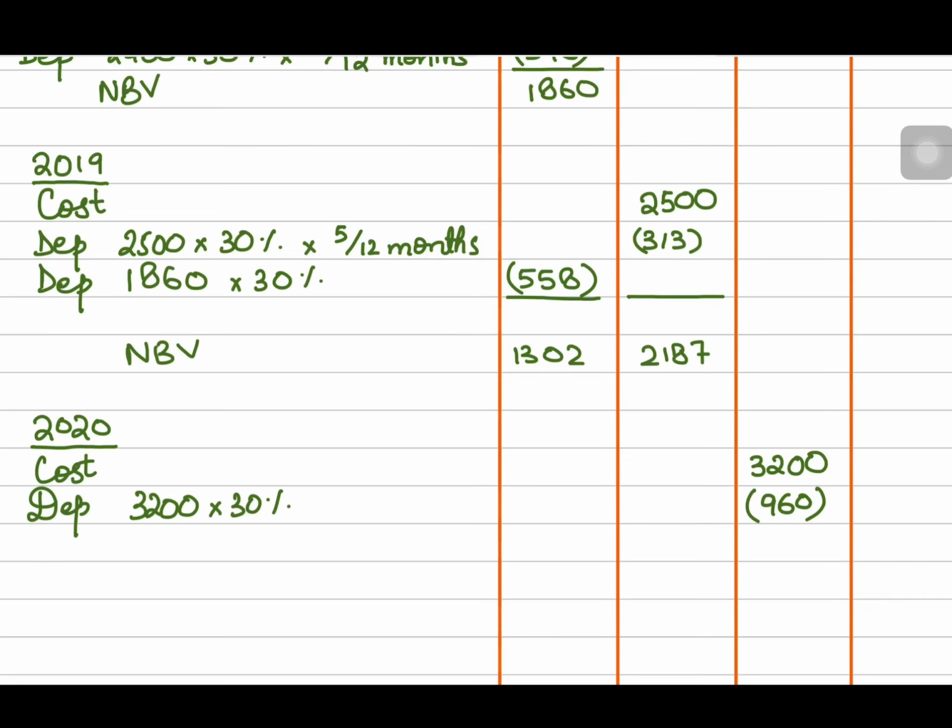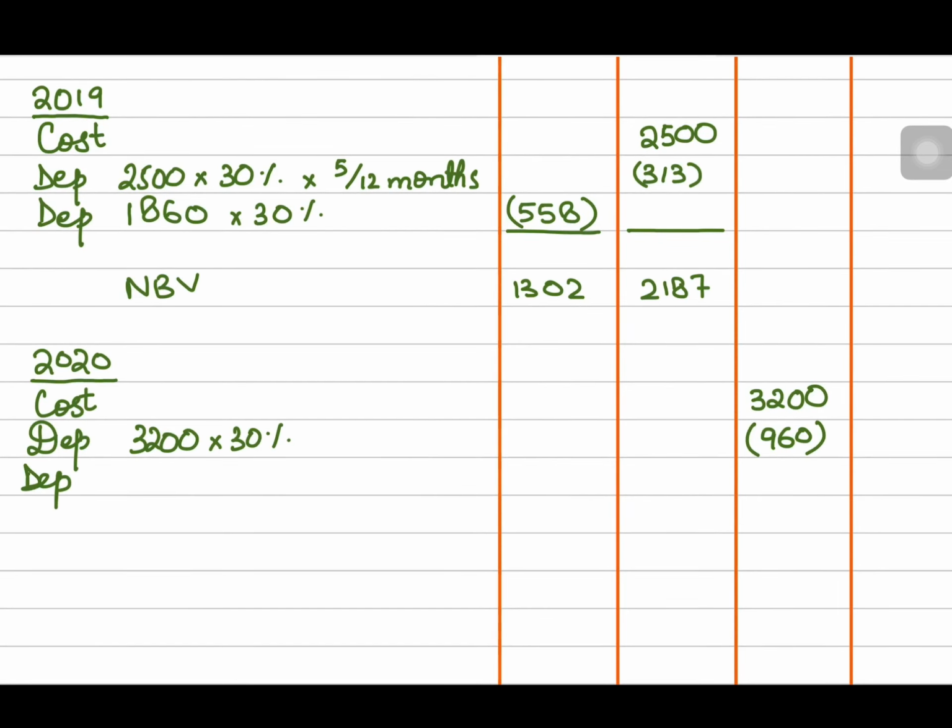Now let's calculate depreciation for machinery A and machinery B as well. Again, the depreciation charge on machinery A will be on its net book value. So 1302 multiplied by 30% will give a value of 390.6, let's make it 391. And for machinery B on the net book value again, so 2187 for the full year, right?